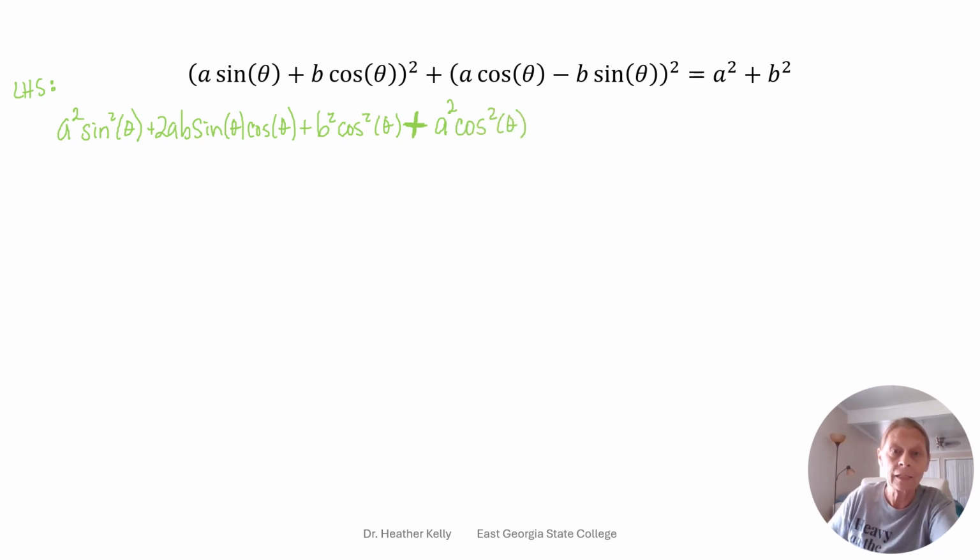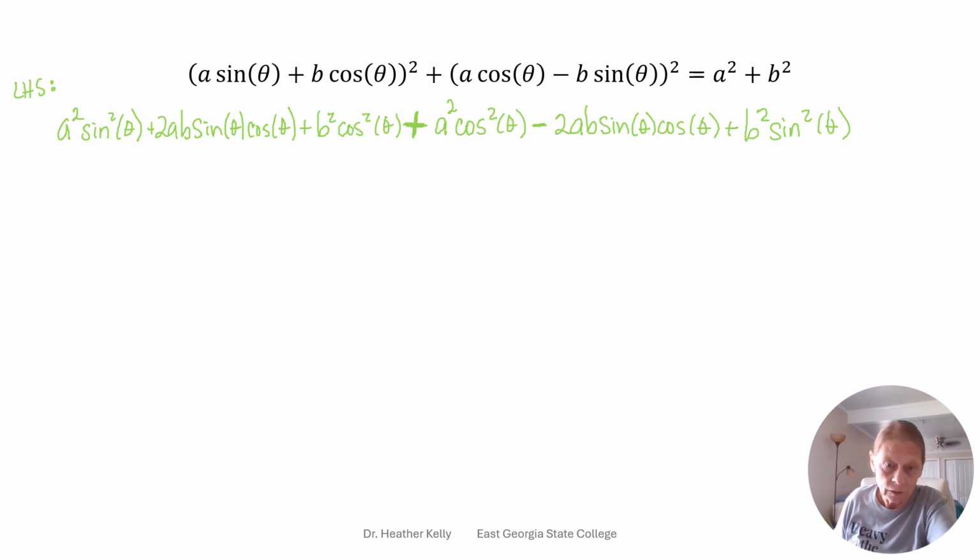In this case, it's going to be a minus because we follow the sign, and it's going to be 2 times the first term times the second term, so ab sine theta cosine theta, plus, because it's always plus, the last term squared, b squared sine squared theta.